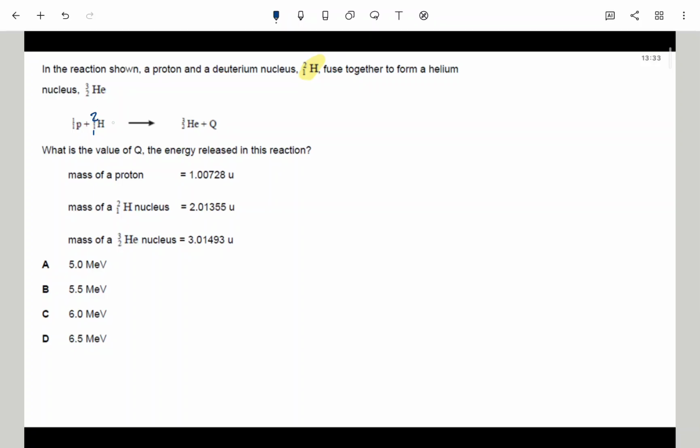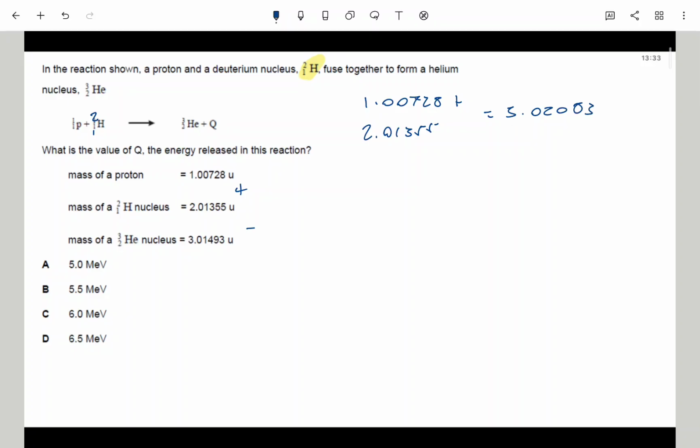We've got the proton and the deuterium together, so we need to add these two, and then subtract the value of the helium nucleus. So 1.00728 plus 2.01355. Figure that out first. So that's 3.02083.